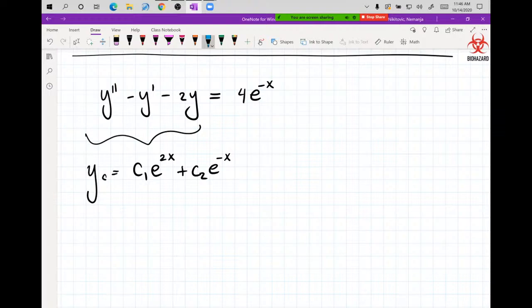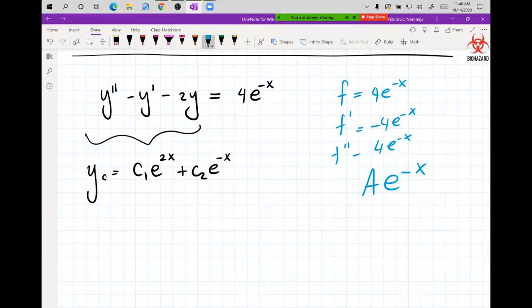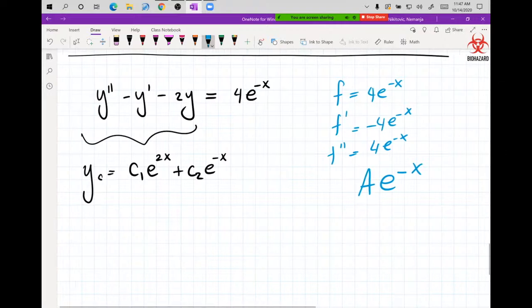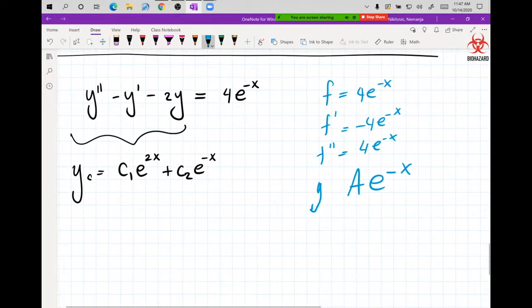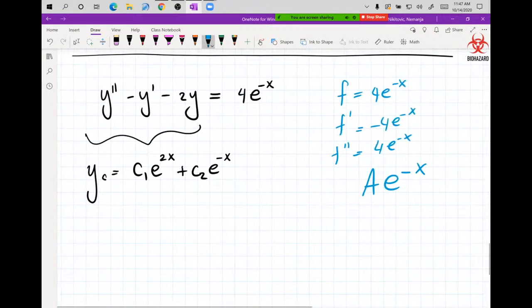When you say that your f is 4e to the minus x, and then you take a couple of derivatives, it becomes minus 4e to the minus x, then plus 4e to the minus x, and you say, oh, it's ae to the minus x, because the coefficient in front keeps changing between 4 and minus 4. So you are claiming that the yp should be e to the negative x.